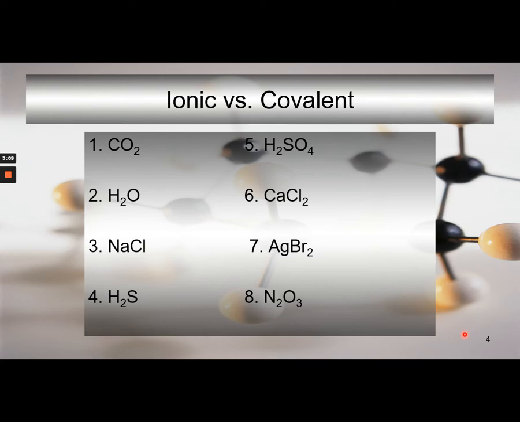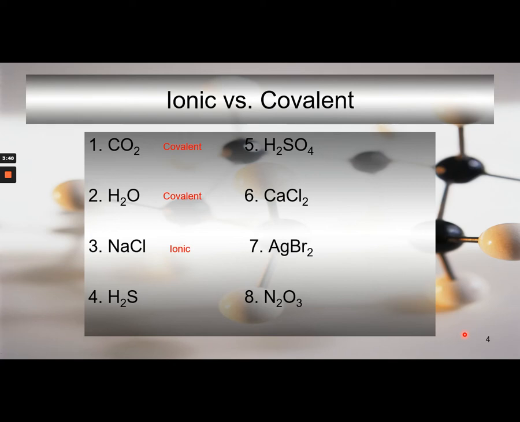So the first compound, carbon dioxide, which do you think it is? Did you say covalent? You are correct. What about number 2, water? Ionic or covalent? Covalent. Number 3, sodium chloride. Ionic or covalent? Ionic. Hydrosulfuric acid, number 4.